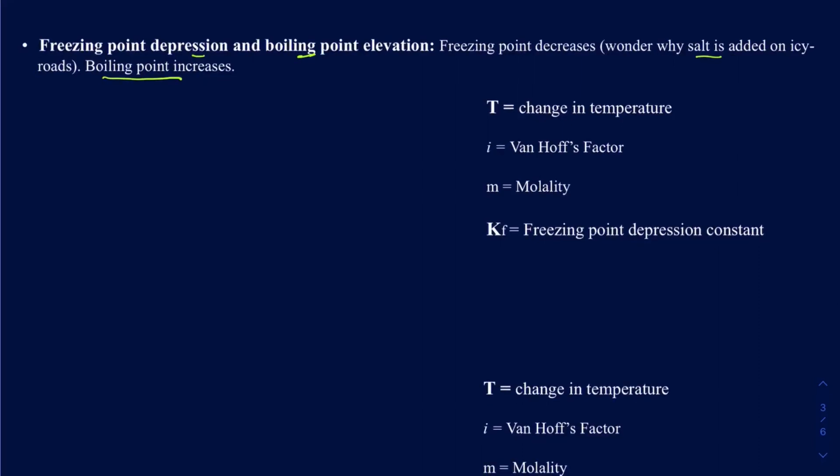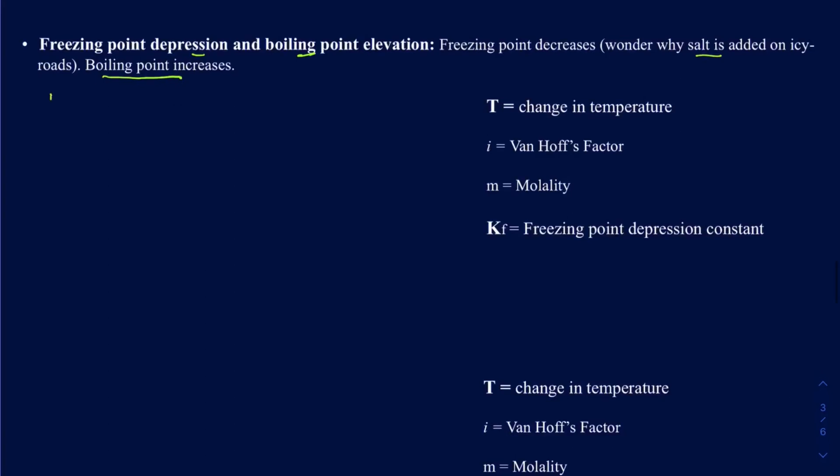Remember, your vapor pressure decreases when you add a solute, but your boiling point is going to increase because you would have to make your vapor pressure equal to the atmospheric pressure before you get to the boiling point. And to make the vapor pressure equal to the atmospheric pressure, you would have to heat it up to a higher temperature. So the equations are going to be very similar.